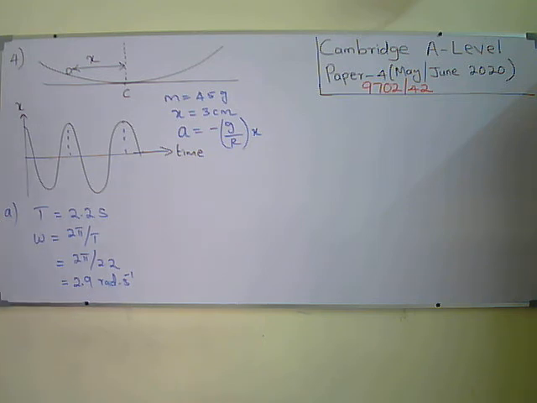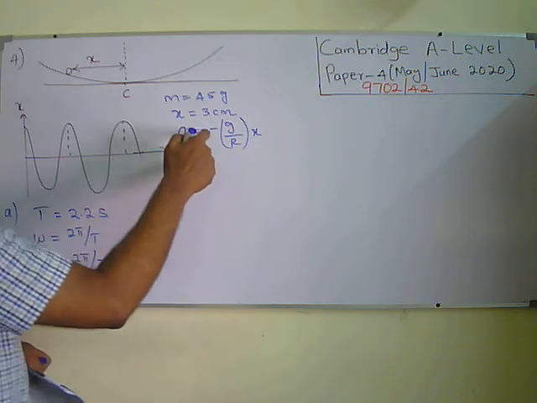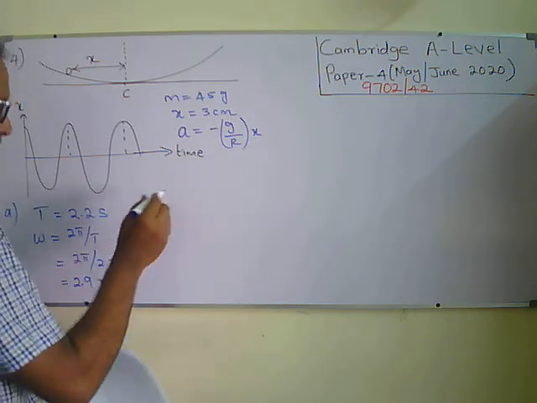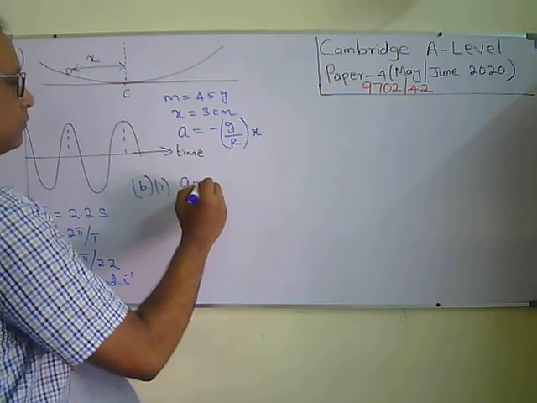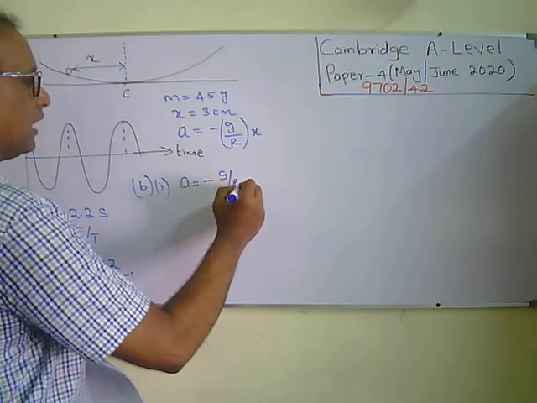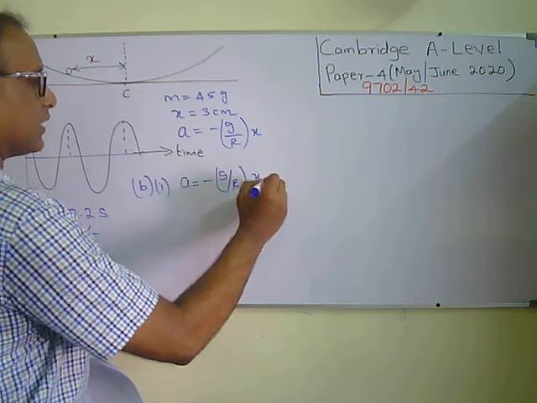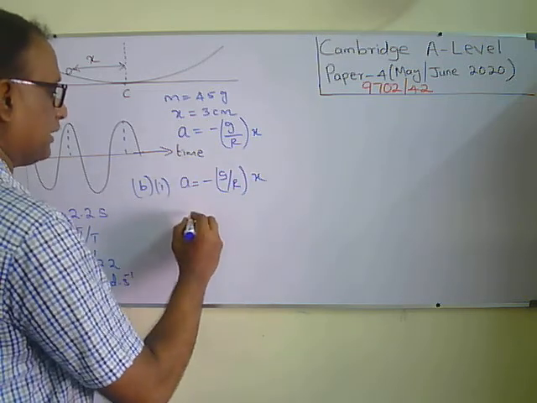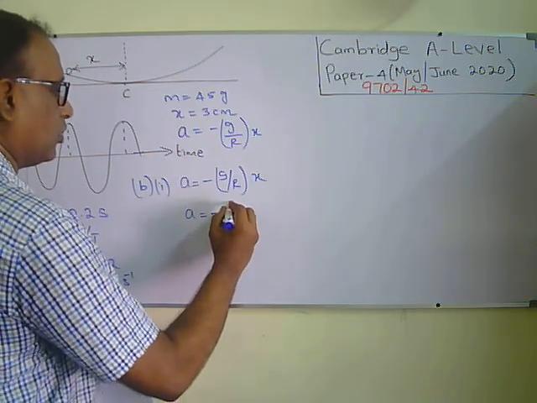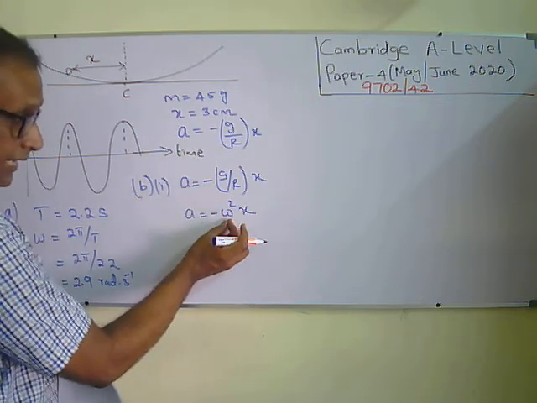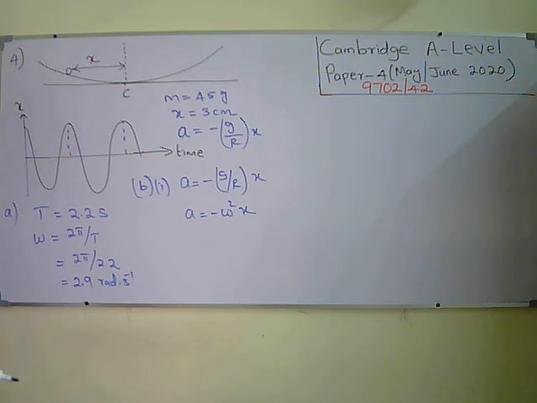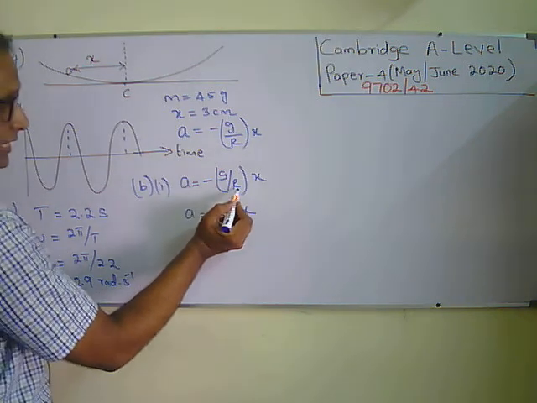Second part: use the information in part A to determine R. They are saying this is simple harmonic motion, so from the first part I can say a equals minus g over R times x. I can compare this with the equation a equals minus omega squared x. So omega squared should be equal to g over R, because g is constant and R is constant.